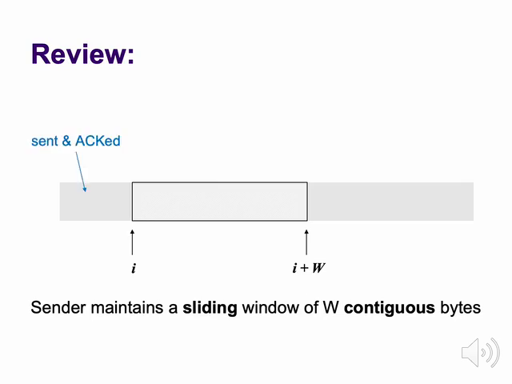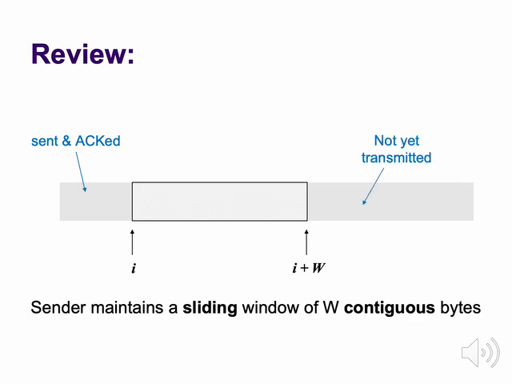Any bytes lower than the left-hand side of this window, less than I, the sender has already sent, the receiver has ACKed, and the sender has received the ACKs. So these are bytes that the sender understands have been reliably transferred. We're done with these bytes. The sender is free to release the buffer space associated with those bytes.